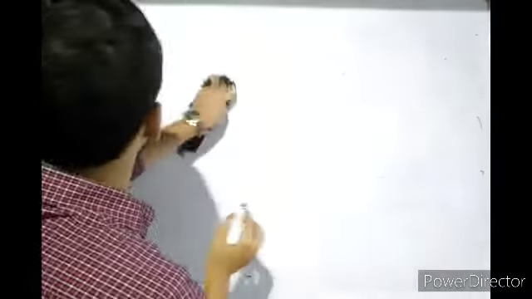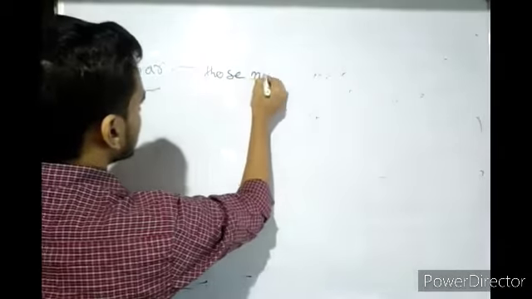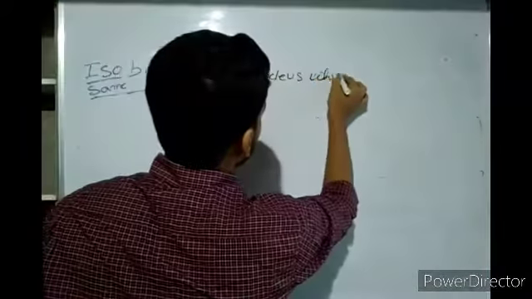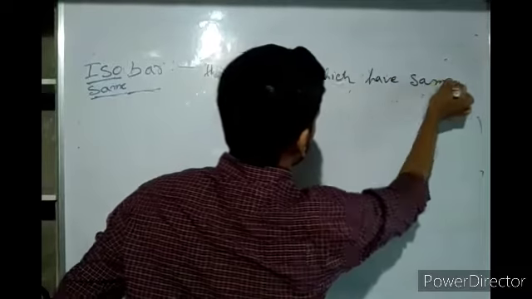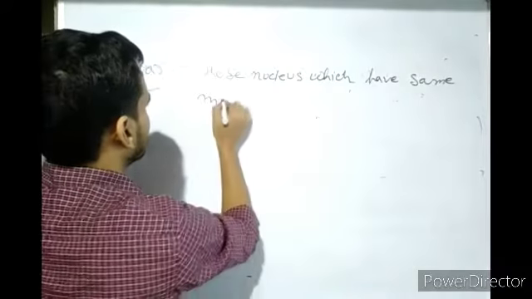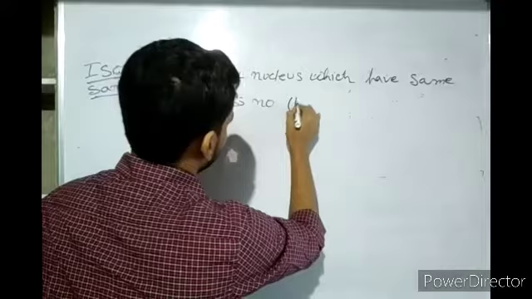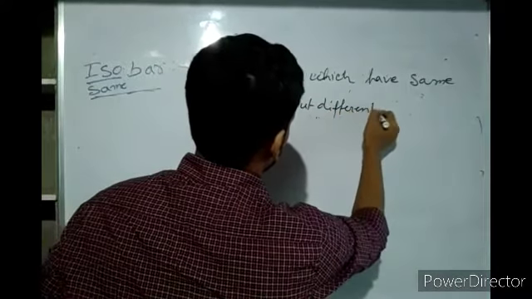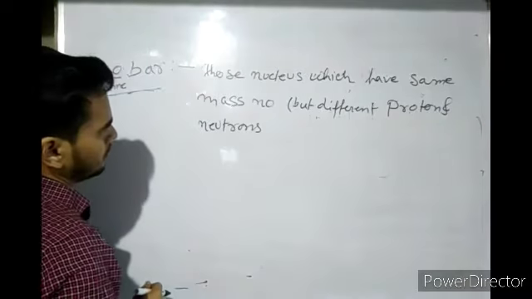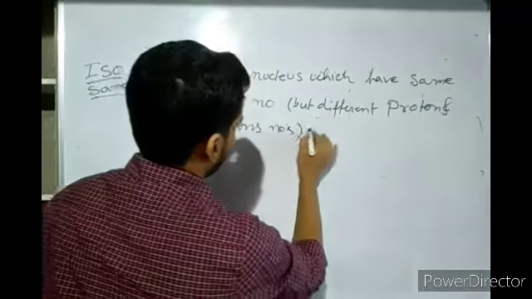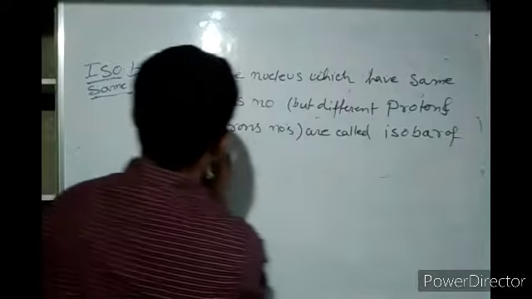Isobar. Iso means same. Those nuclei which have the same mass number but different proton and neutron numbers are called isobars of each other.